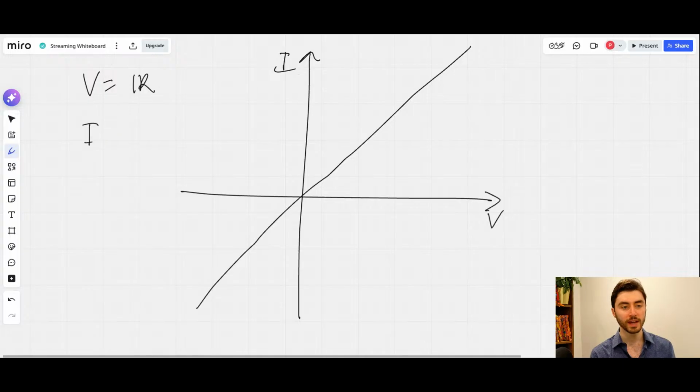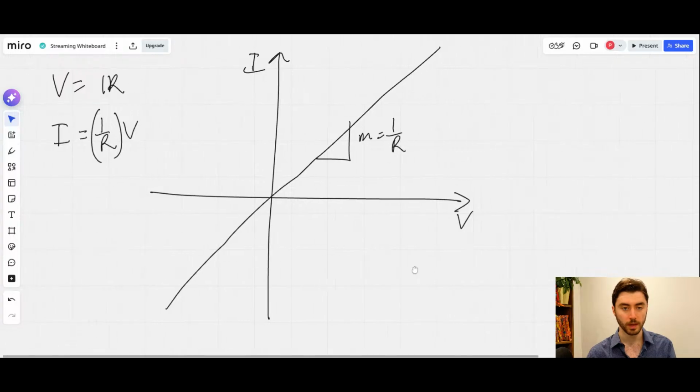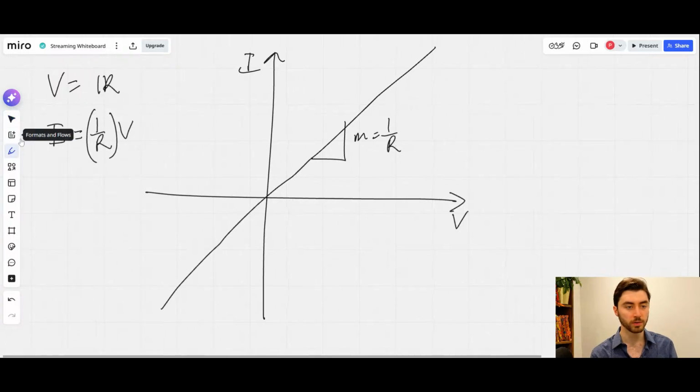So we can rearrange this and say that I is equal to 1 over R times V, which means that the gradient is equal to 1 over R. That's going to become really important for the lamp. This is for an ohmic resistor.